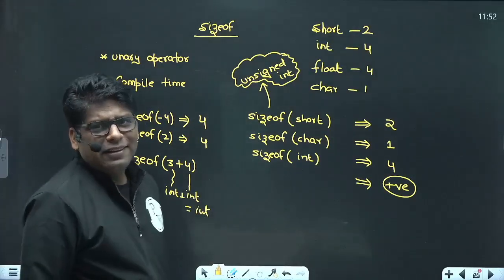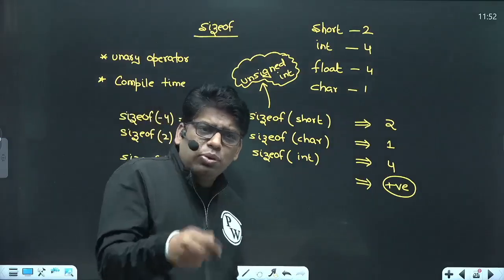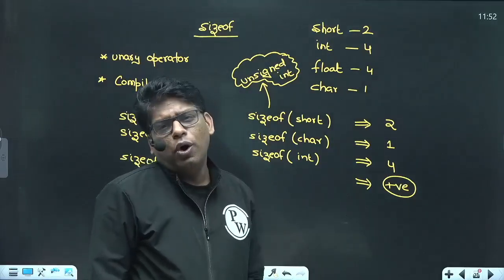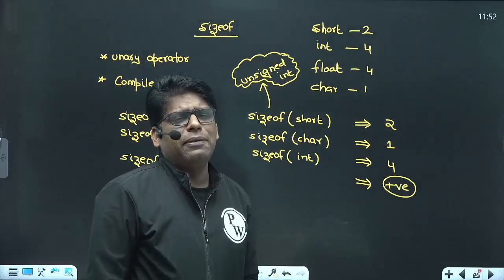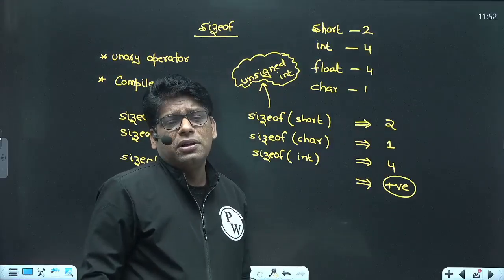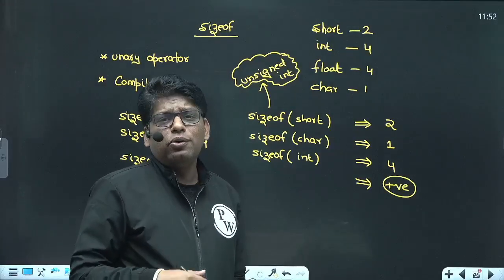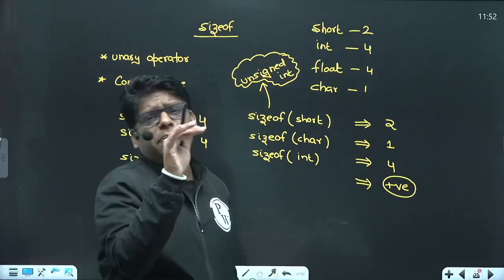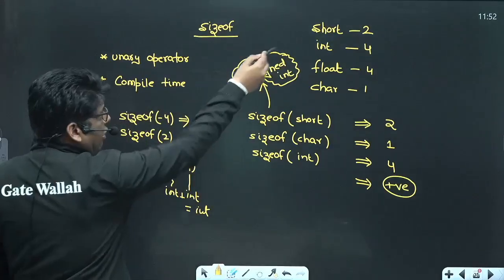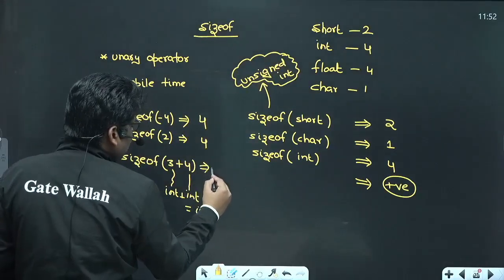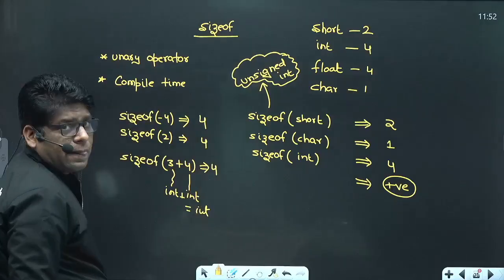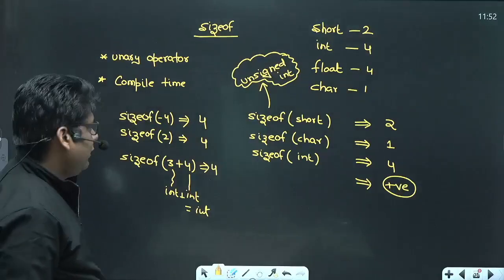So tell me whether we need to execute this statement 3 plus 4 or the sizeof operator can manage things at compile time, because the sizeof operator knows that integer plus integer, the result must be an integer. And what is the size of an integer? It is 4. So can I say the result would be 4? Try to understand.